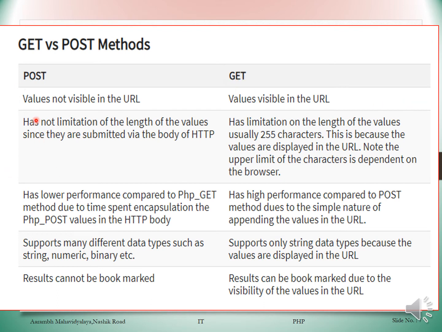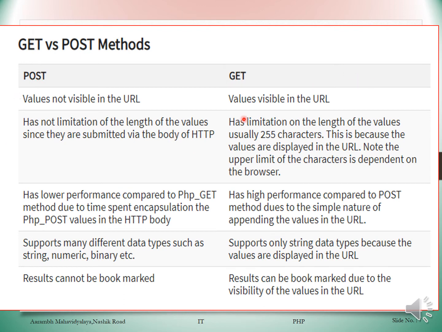Then the second point: post has no limitation on the length of the values since they are submitted via the body of HTTP. As we saw in the first point, the values are not visible, and naturally there is no limitation to the length of values. We can enter unlimited values by using the post method.